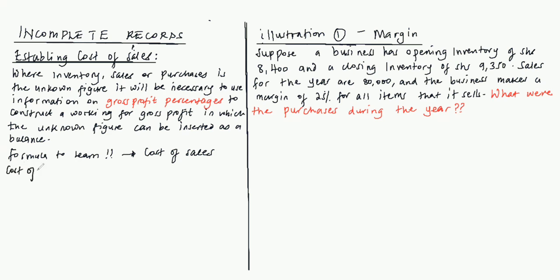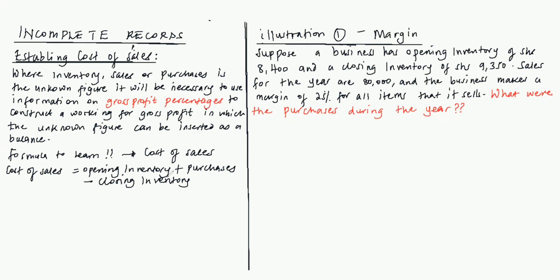Cost of sales: we get the opening inventory, we add the purchases, then we minus the closing inventory. Don't forget that. We add the purchases to the opening inventory, then we minus the closing inventory.